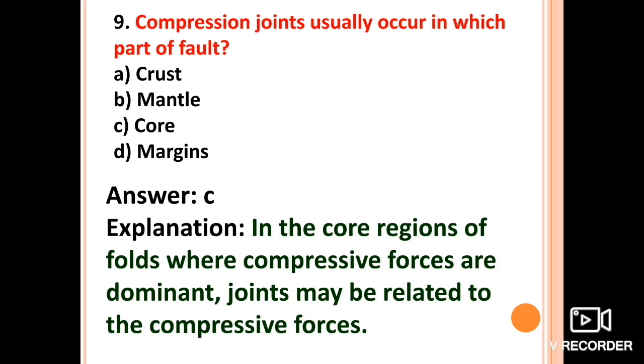Okay, so in the core regions of the folds, where compressive forces are dominant, joints may be related to the compressive forces. Here is a mistake in the question: compressive joints usually occur in which part of fault, here it should be written as fold, not fault. Okay, so option C, core, is the right answer.